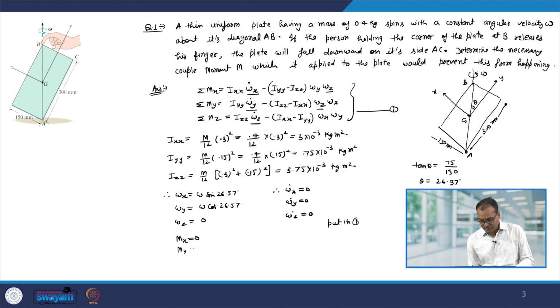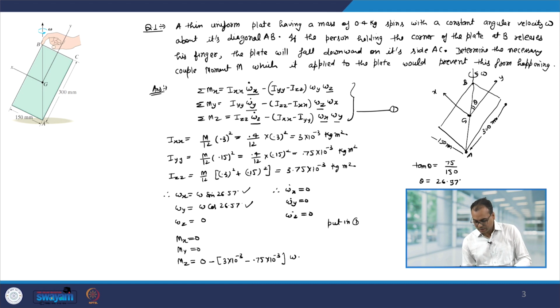Similarly, My is also 0 and Mz will be 0 minus, let us look at Ixx. Ixx is 3 into 10 to the power minus 3 minus Iyy. Iyy is 0.75 into 10 to the power minus 3 into omega x omega y. So, omega x is this and omega y is this.